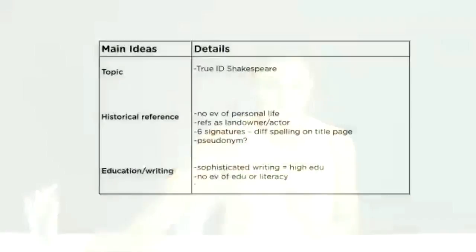Okay, so another question: what if we couldn't cover all points? Let me go back to my notes. Let's take a look. The two main ideas that the lecturer discusses related to Shakespeare's true identity is history.